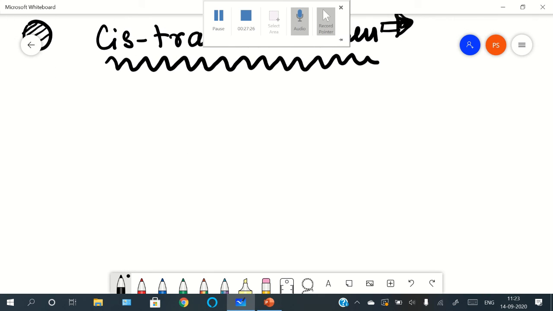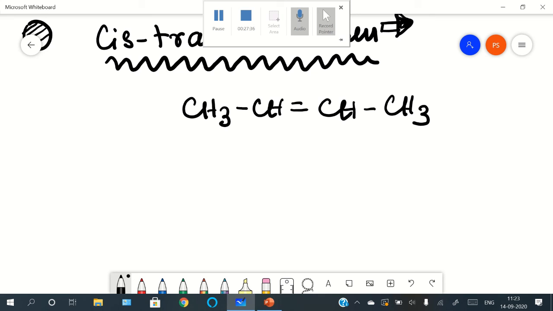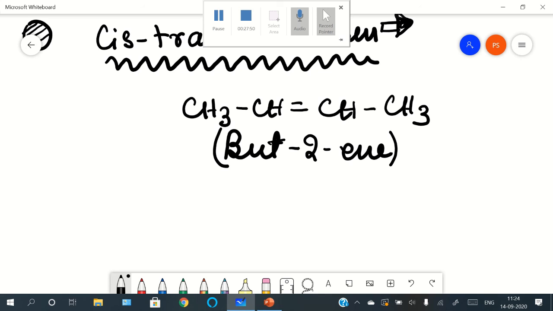The example that we are going to study is this one, but-2-ene. Now there are two isomers of but-2-ene.